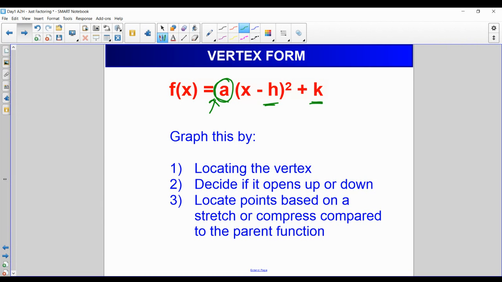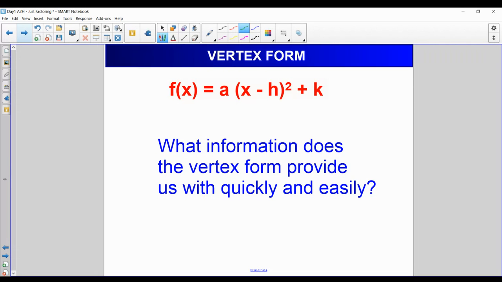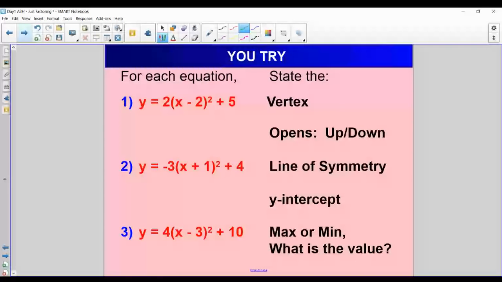So the information that the vertex form provides us with easily and quickly? Well, I would say the vertex. Aptly named, right? Vertex form tells us the vertex.